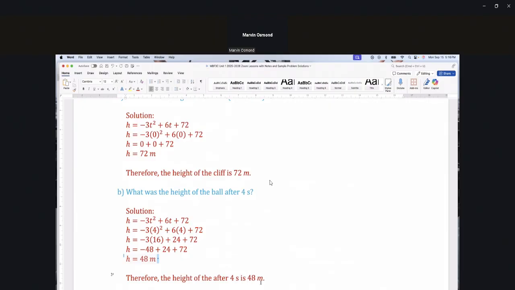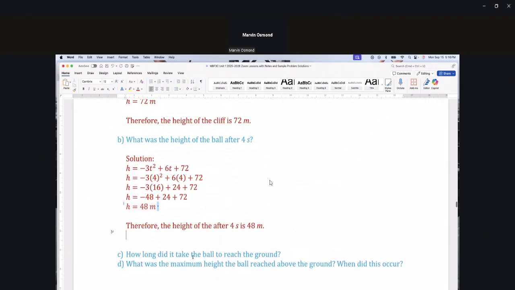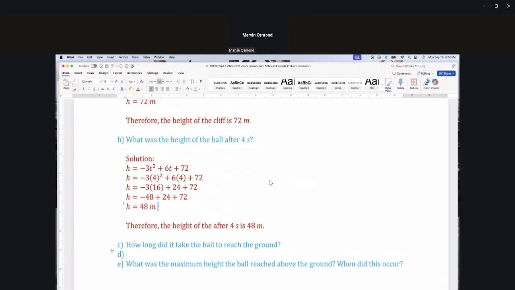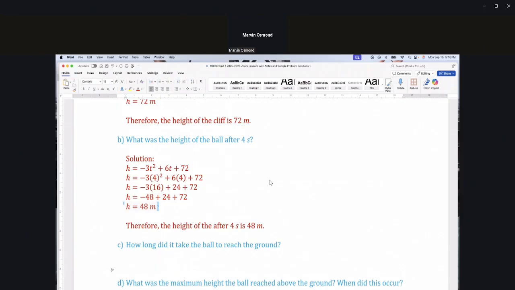And what we're going to do in a moment is we're going to graph this, and we're going to show that these can be verified using the graph. So I wouldn't say prove, but we're going to show that the answers we receive actually make sense.